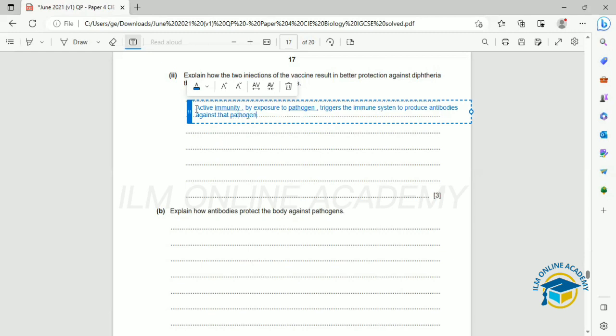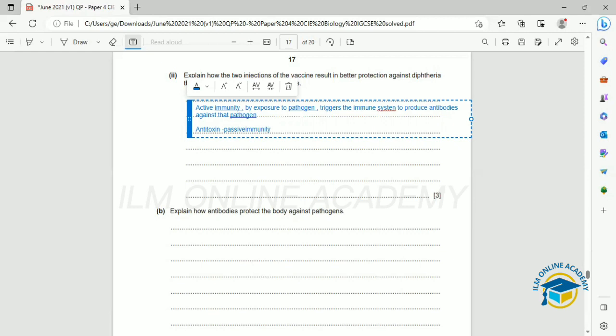And when the original pathogen enters the body, your body is prepared for fighting against that disease. And the other one, the antitoxin, was passive immunity. That's the difference. I hope you understand.